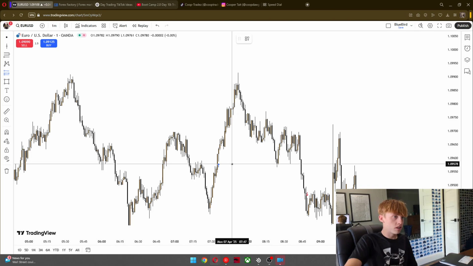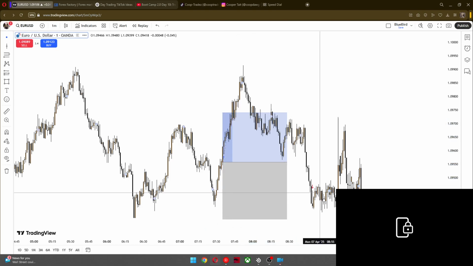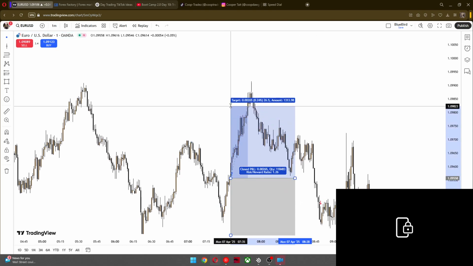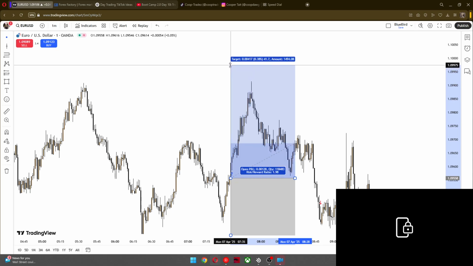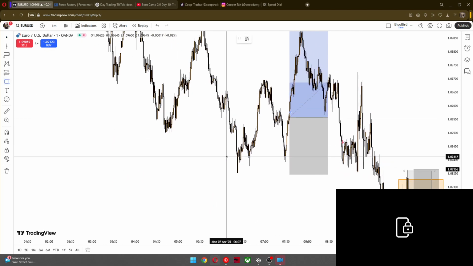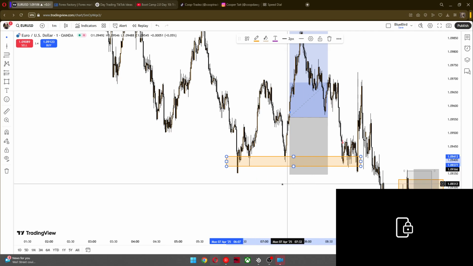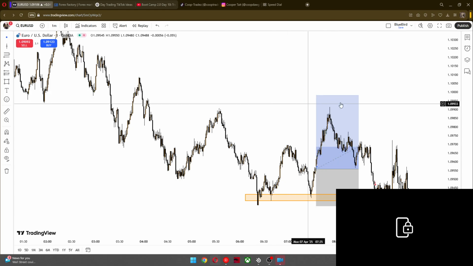I entered off the break of structure to the upside. Put stop below the sweep. I targeted 1 to 2 risk reward, and I took this trade because we tapped into the London low. That was London low. We tapped into it, broke structure, and I almost got hit.